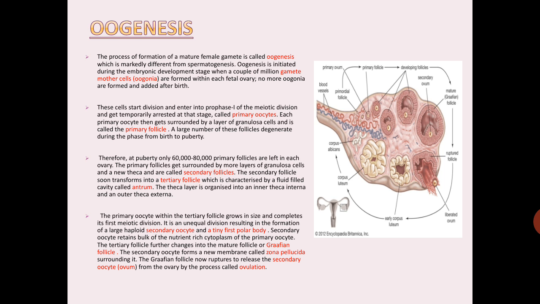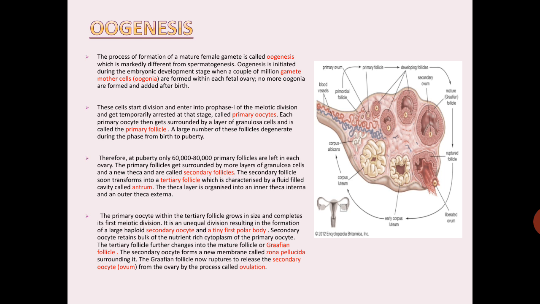Now the primary oocyte is already present inside. That primary oocyte within the tertiary follicle will grow in size and complete its first meiotic division. It forms the secondary oocyte and the tiny first polar body. So this way the division takes place, and the secondary oocyte retains the bulk of nutrient rich cytoplasm of the primary oocyte.